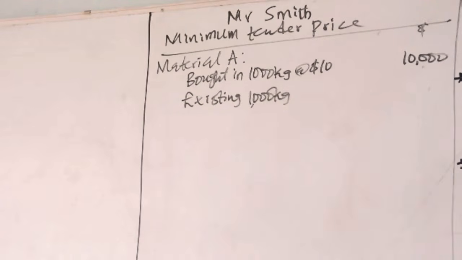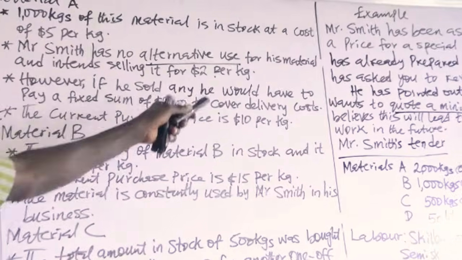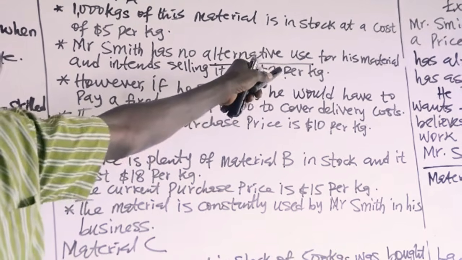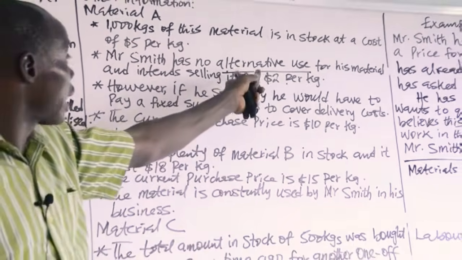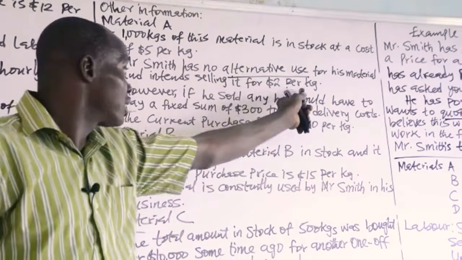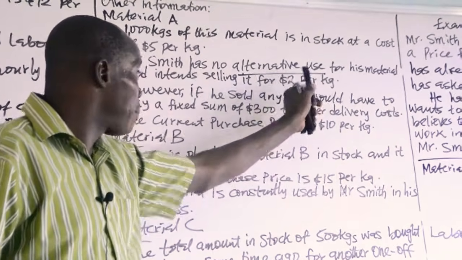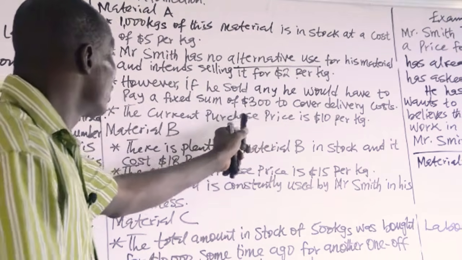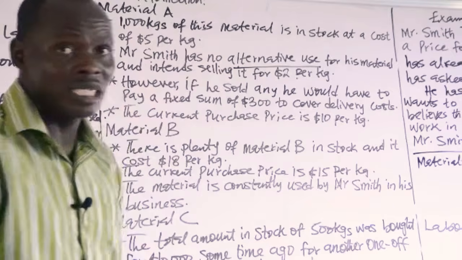Since there is no alternative use for this existing one, and you have not been told that it is regularly used, the only option is to sell it at $2 per kg. And if you sell it, you have to incur $300 to deliver it.